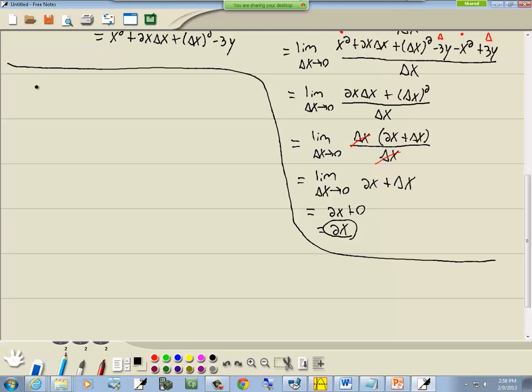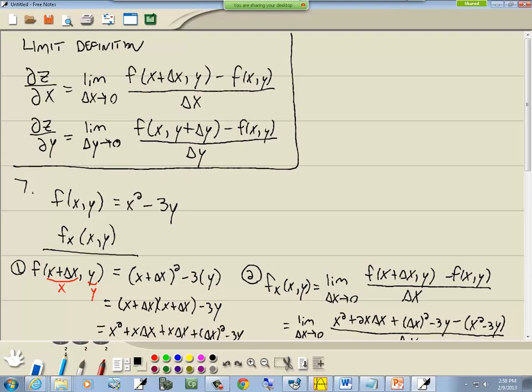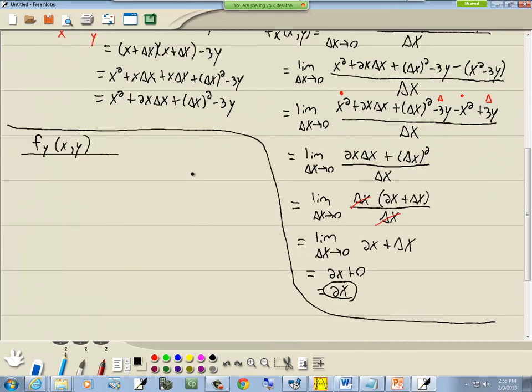Okay, so we want to find the partial with respect to y. Well, from our formula up here, we need f of x, y plus delta y. So let's find that first. So f of x, then y plus delta y.